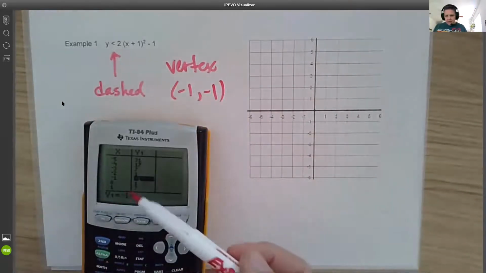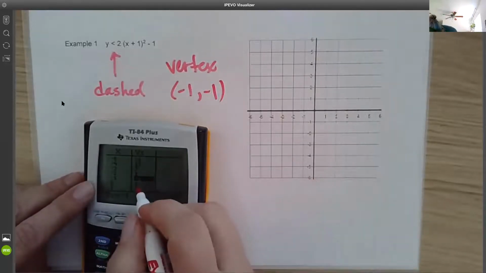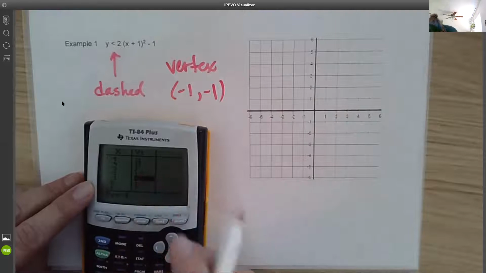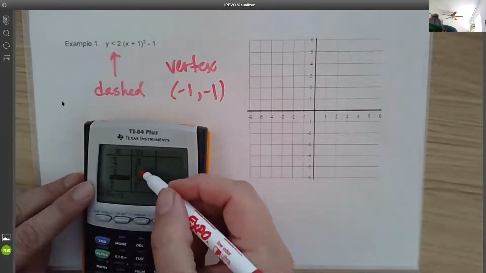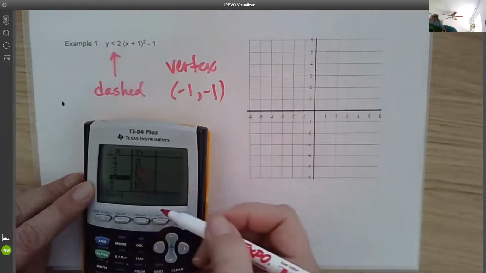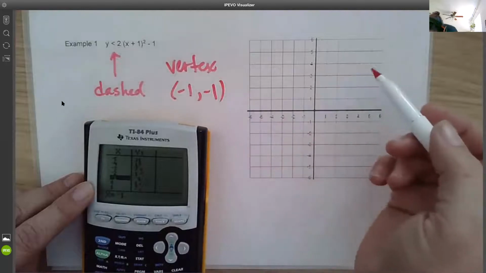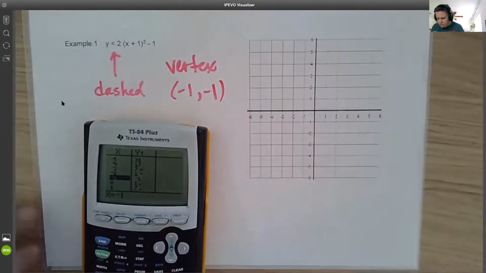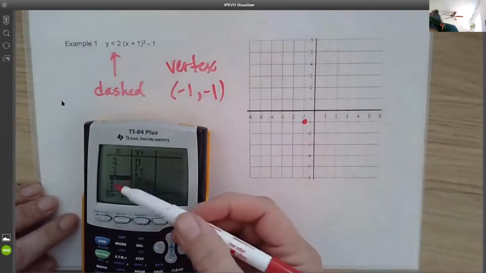I can verify that this is the vertex also from the calculator, because you can see that on either side of this -1, the y values match because it's a symmetrical graph. You can make a table and write them out if you want to, or if you just want to put your marks on your graph, that's fine with me.